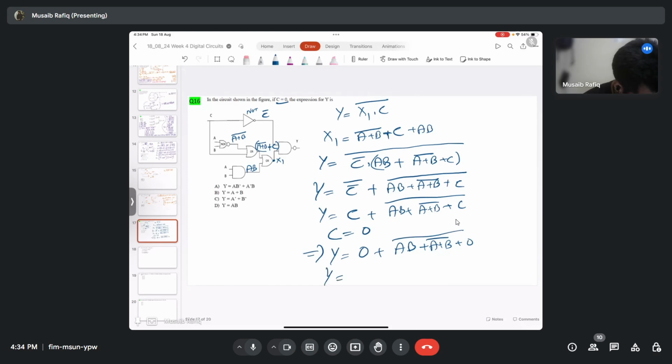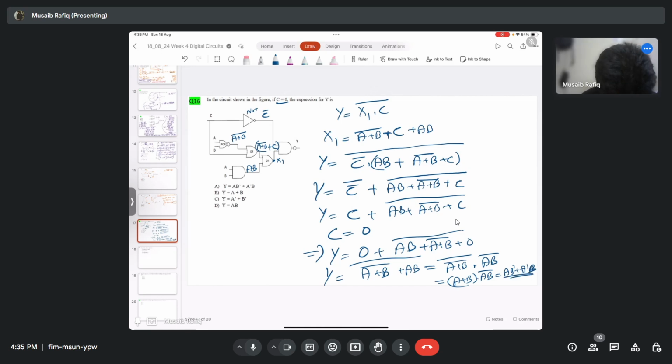So y is basically equal to (A plus B) whole bar plus AB whole bar. So it is equal to (A plus B) bar dot AB bar, which is basically (A plus B) dot AB bar. Ultimately, if you solve it, it is equal to A bar B bar plus A bar B.